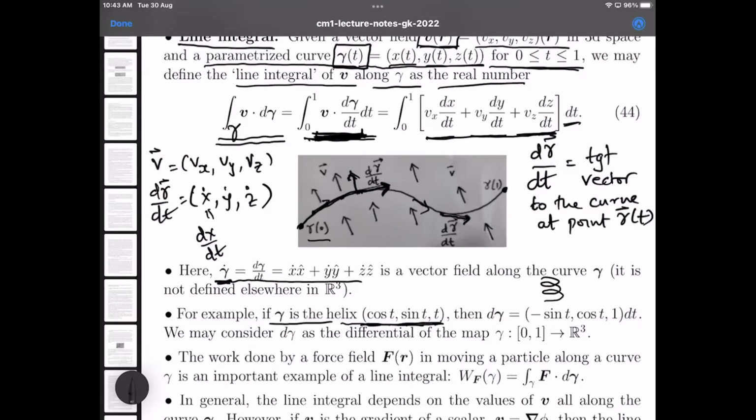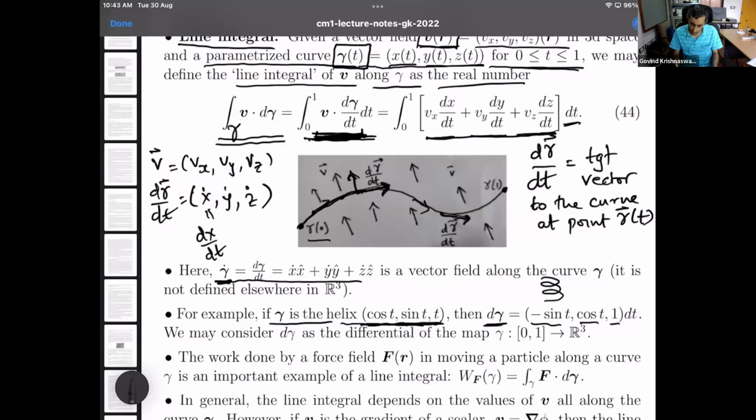Suppose we take that example. Then the symbol d gamma has a meaning. You should think of it as what I call the differential. I introduced the concept of a differential. In practice, it is very simple to compute. You simply take this expression and differentiate everything with respect to time. You will get a new triple: minus sine t, cosine t, and 1, times dt, of course.